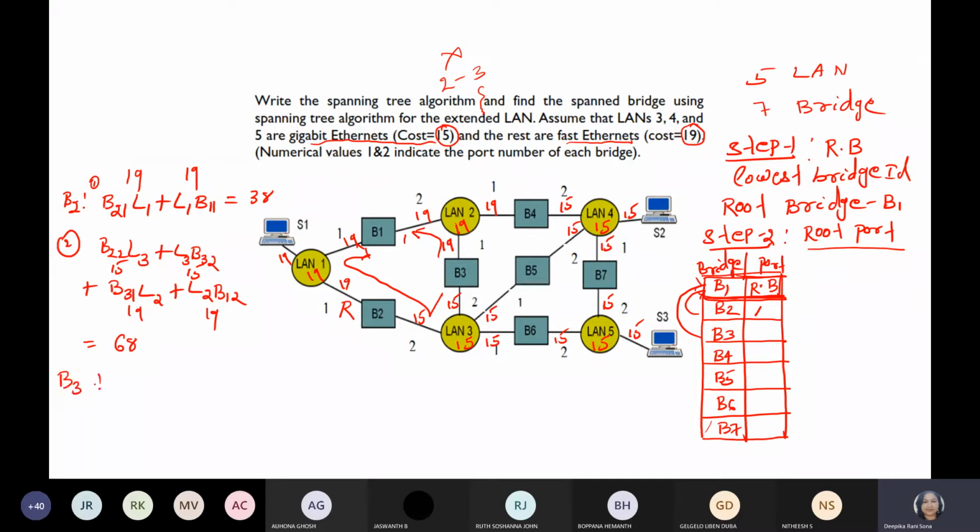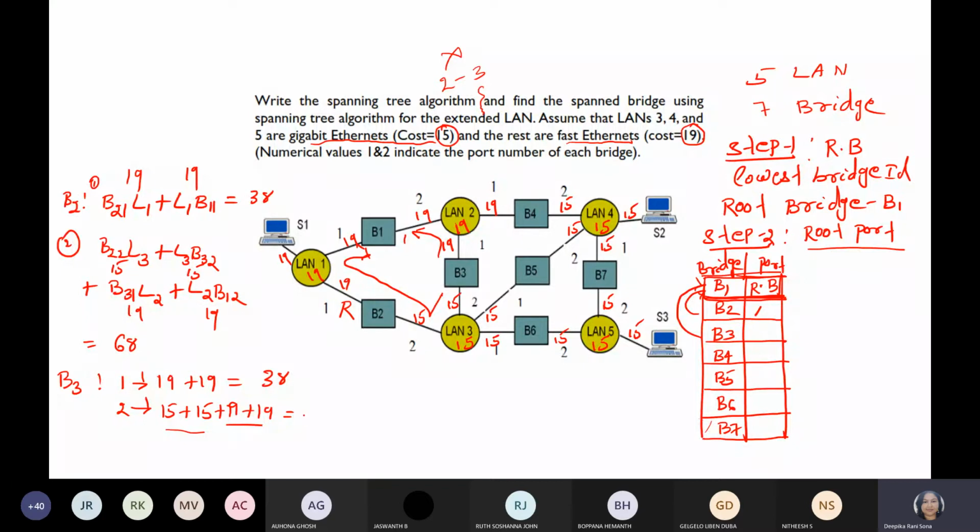Okay, so for B3, what can we write? Path 1 is giving how much cost? Path 2 is giving how much cost? Path 1, 19 plus 19, right? Path 2 is 15 plus 15 plus 19 plus 19. So 38 and 68. Yes, this is 38 and this is 30 plus 38, 68.